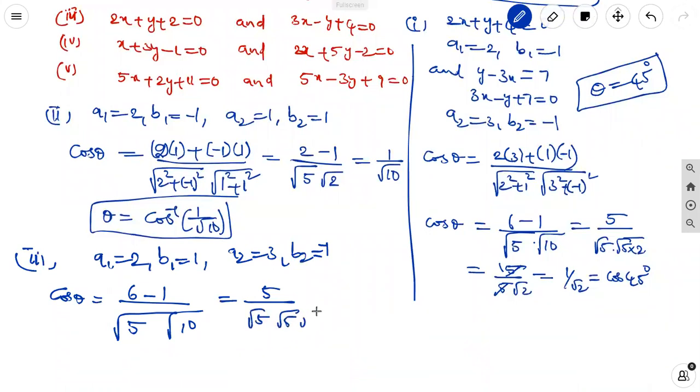Root 10 can be written as root 5 into root 2, 5 by root 5 root 5 root 2, so 1 by root 2. Theta equal to 45 degrees. Why? Because 1 by root 2 value is cos 45. In a similar way you can do the last two problems as homework.